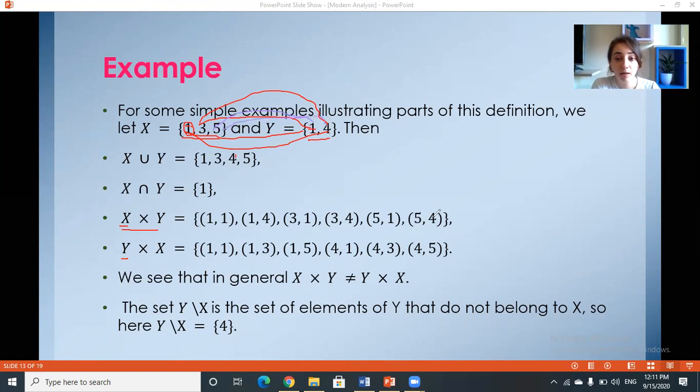They are the ordered pairs of the Cartesian product X and Y. What about finding the Cartesian product of Y and X?